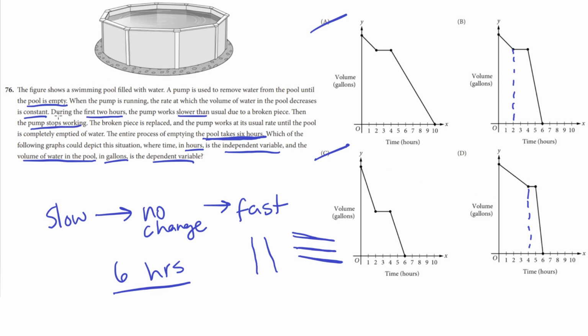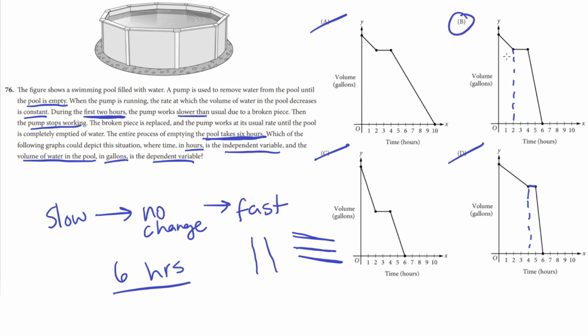But the question said that during the first 2 hours the pump worked slower than usual, and then the pump stopped working because the piece was broken. So that means graph D is incorrect because it says that the volume was going down for 4 hours before the piece broke and we reached this plateau where the volume wasn't changing because the piece was being replaced.